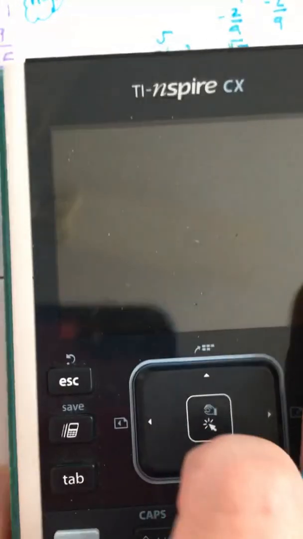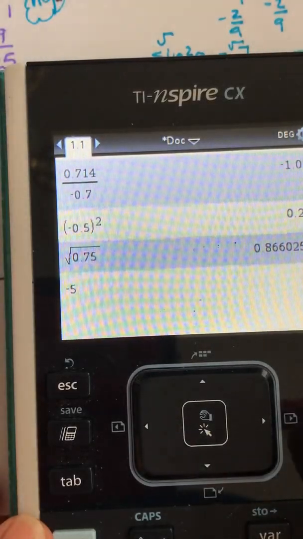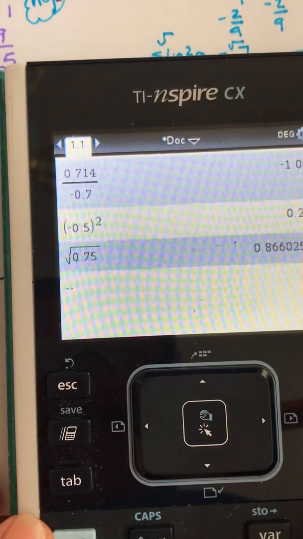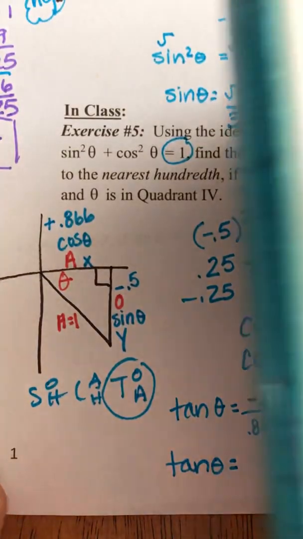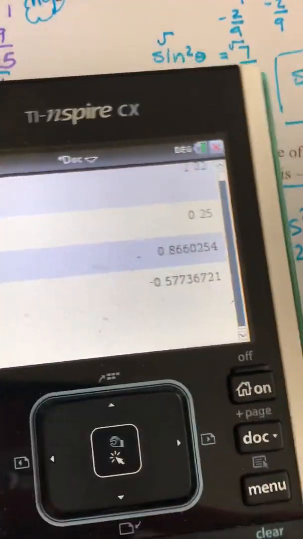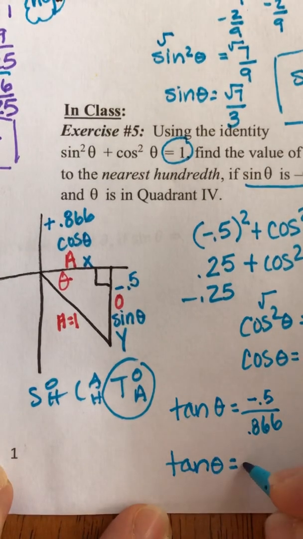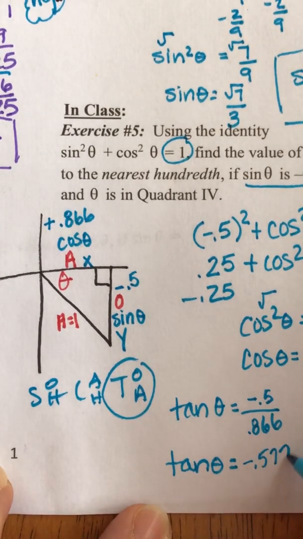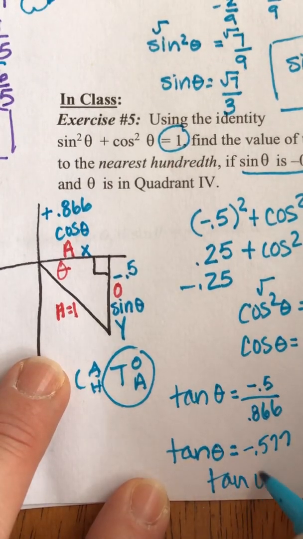Negative 0.5 divided by 0.866. And I got negative 0.577. All right, and they said to round off to the hundredth, that's 2 places. So my tangent of my angle equals negative 0.58.